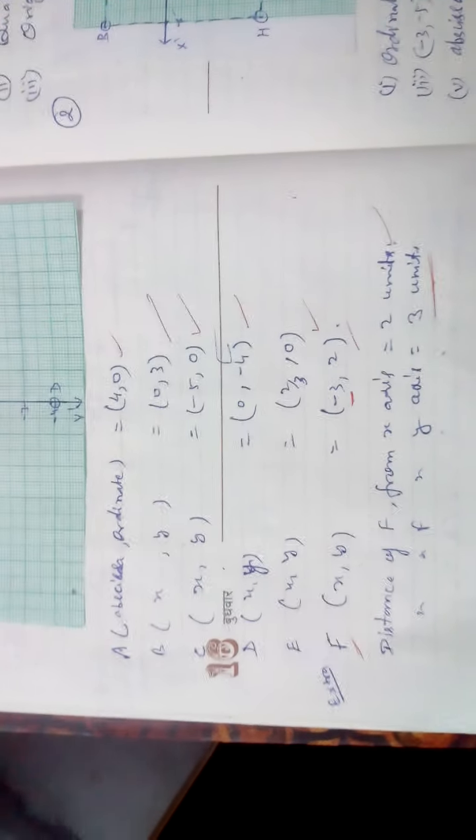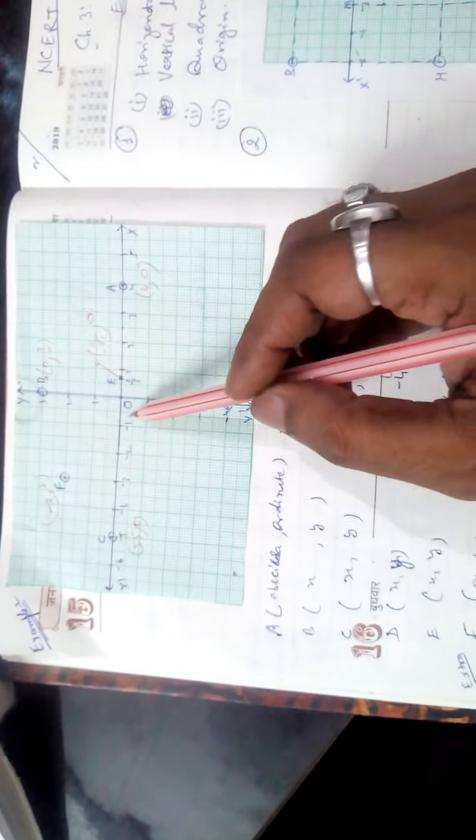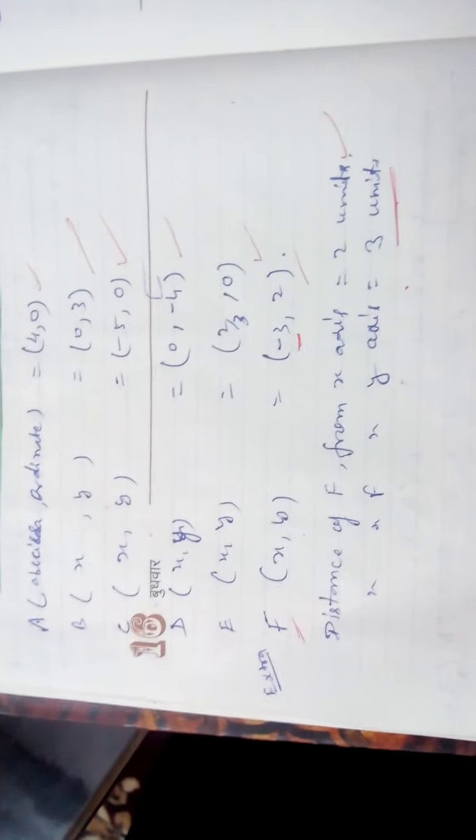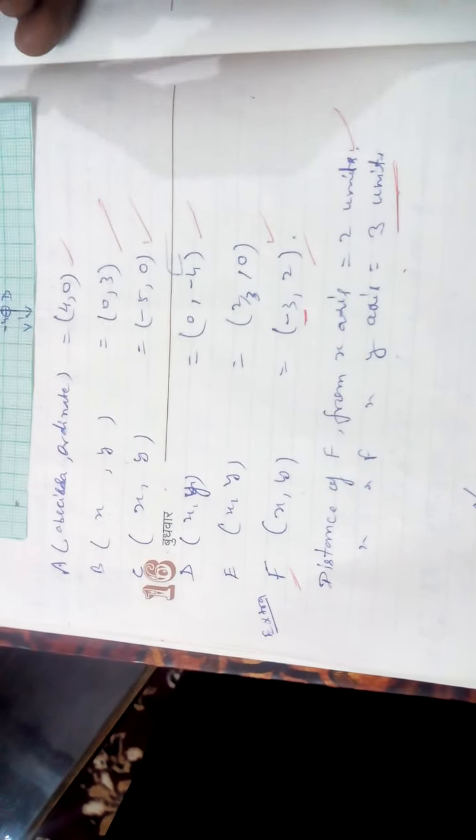But you don't write -3 units; the minus is not counted, it is 1, 2, 3, so 3 units. For distance, no sign will be placed, but for other things a sign will be placed. Very simple things. A point on the x-axis has y as 0; a point on the y-axis has x as 0.